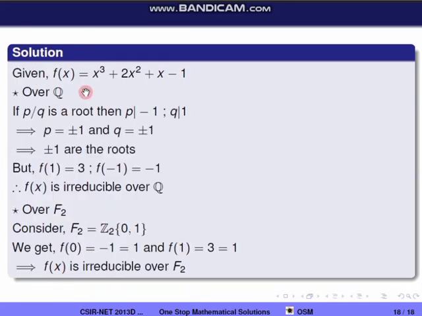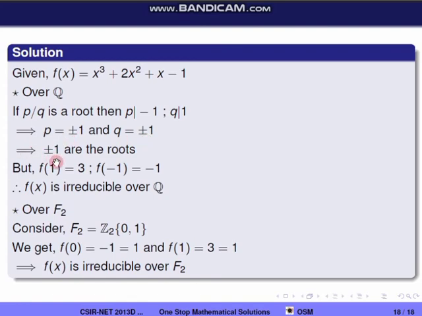So we'll look into the question. So they are given this polynomial. So we'll check whether over Q it is reducible or not. Suppose it has a root p/q, then p should divide the constant term and q should divide the coefficient of the highest power x^n. So p should divide -1 and q should divide 1. So this implies p is equal to plus or minus 1 and q is equal to plus or minus 1. So the roots are of the form plus or minus 1.